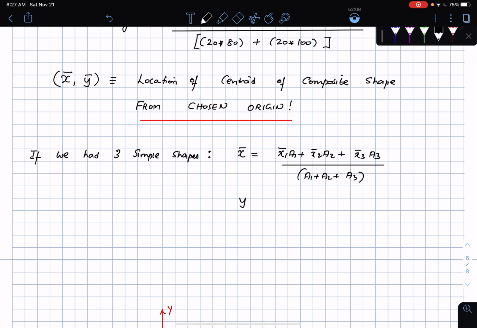And likewise y bar would be, this is the numerator, y1 bar a1 plus y2 bar a2 plus y3 bar a3, and all of it divided by a1 plus a2 plus a3.